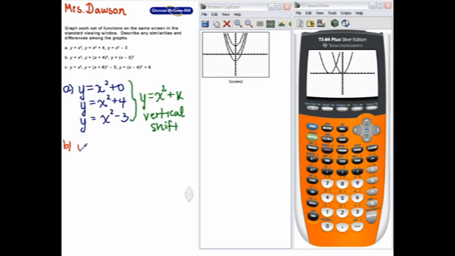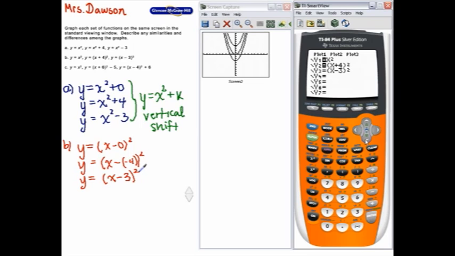So we had y equals x minus 0, quantity squared was the original, y equals x plus 4, which we can write as x minus a negative 4, quantity squared, and the third one will be x minus 3, quantity squared.